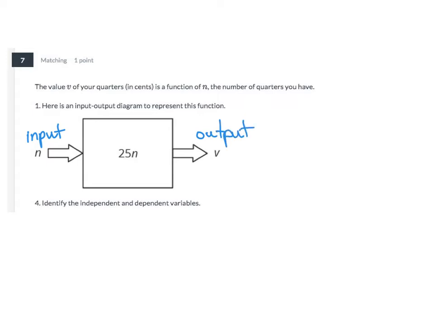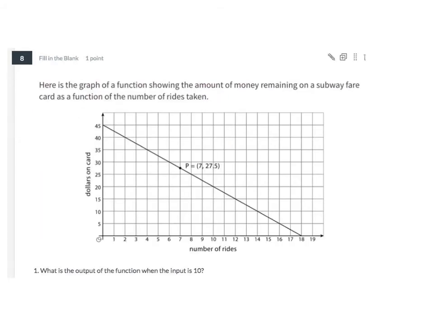Our input is our independent variable, and our output is our dependent variable. So the amount of value is going to depend on how many quarters we actually have. So independent, dependent.